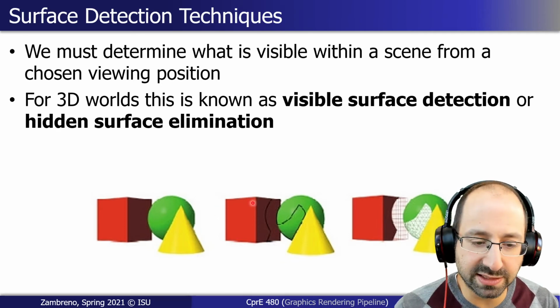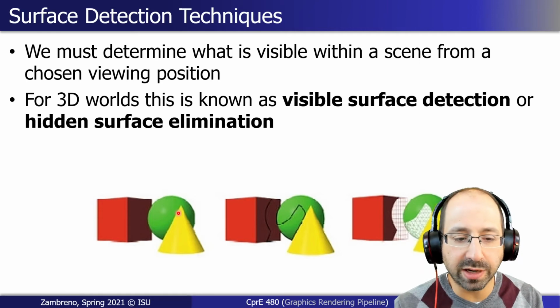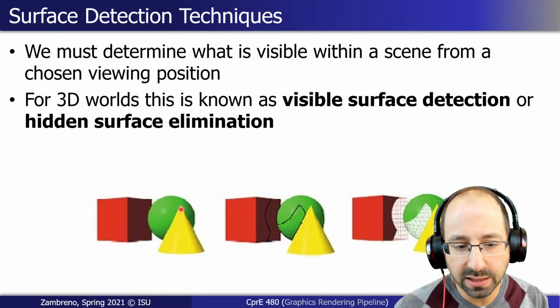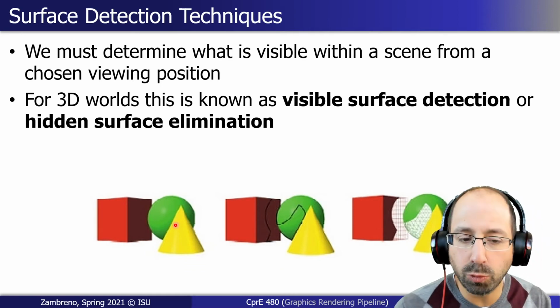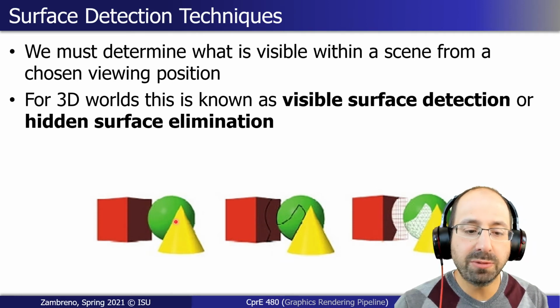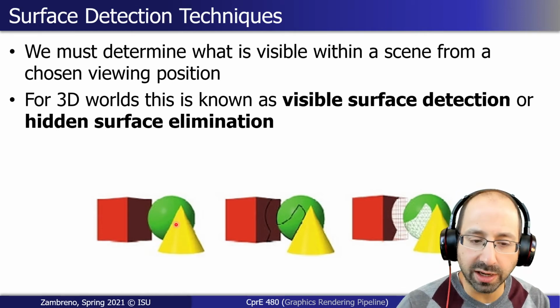But what this is attempting to show is we have a cube, a sphere, and a cone here, and depending on where they are relative to each other in that three-dimensional space, we still have to determine, for this particular pixel here, what color it should be. There's not a ton of overlap there, but there's overlap between two objects. Should it be the green of the sphere or the yellowish of the cone here?